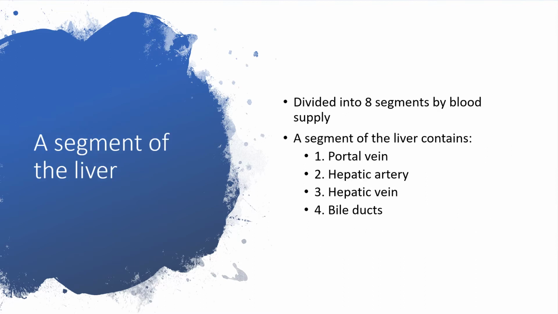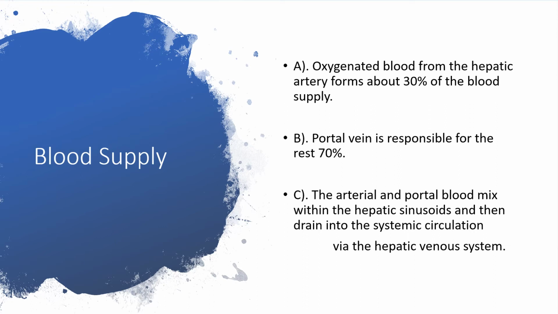The liver is divided into 8 segments by blood supply. The segments of the liver will contain portal vein, hepatic artery, hepatic vein, and bile duct. Okay, blood supply. Oxygenated blood will come from the hepatic artery, and that will form about 30% of blood supply to the liver.